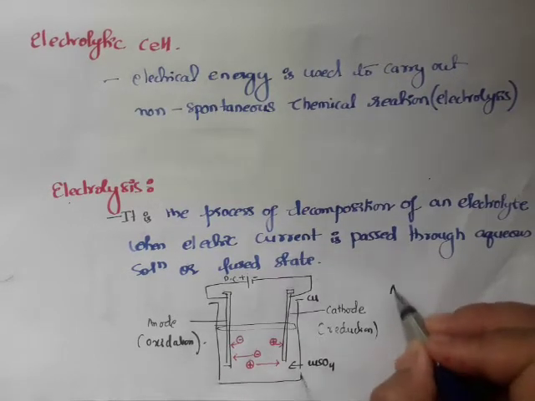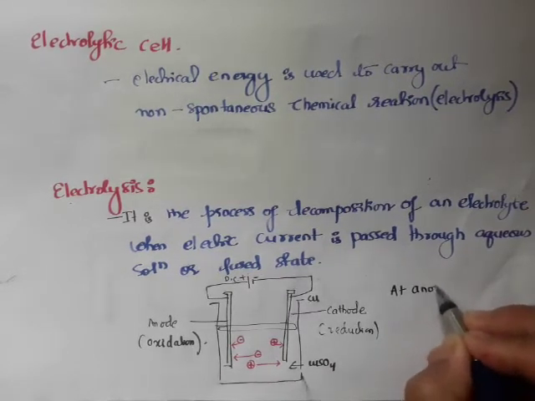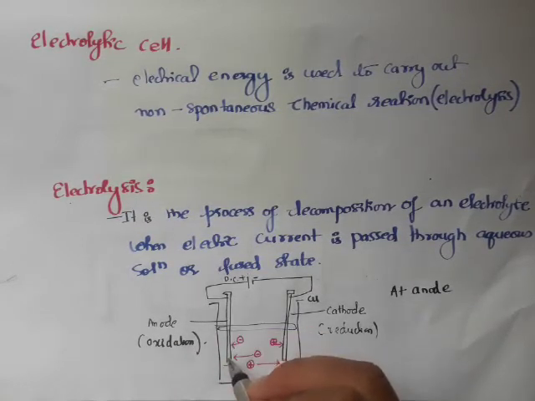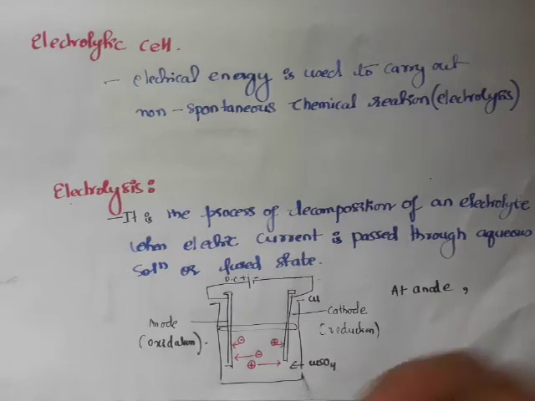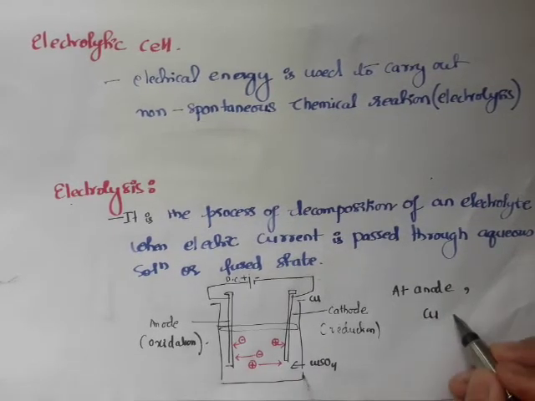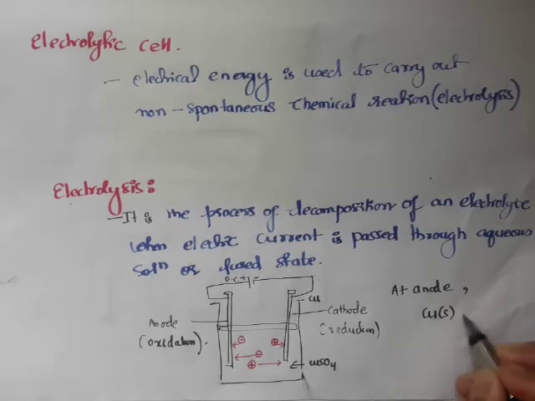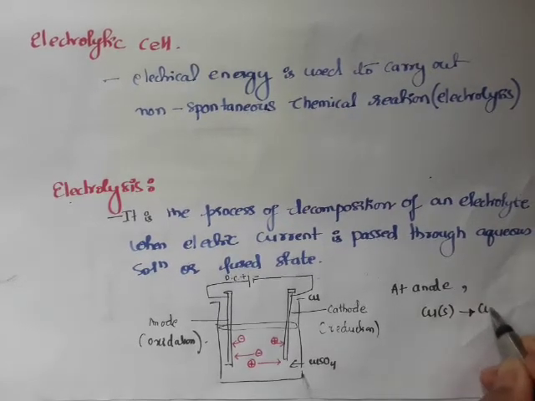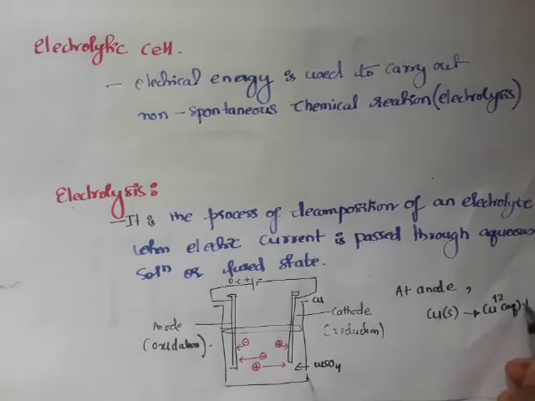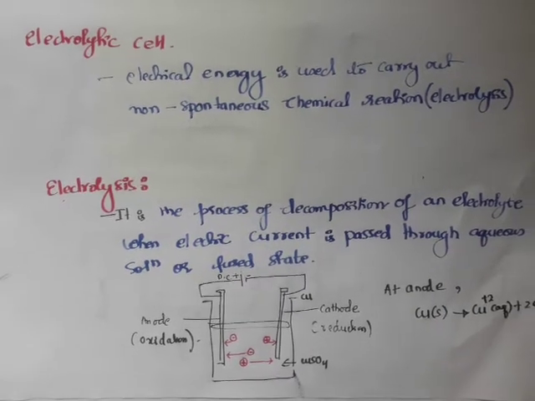Now what happens at the anode? Oxidation. Since your electrode is copper, which is a reactive metal, oxidation will take place at the anode, right? So copper will get oxidized to copper ion, which will go into the solution, and it gives out 2 electrons.